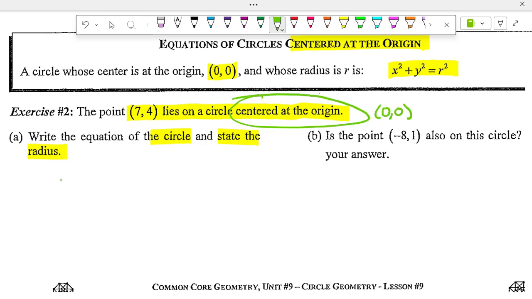So if I plug it into my equation of a circle, I get x minus 0 squared plus y minus 0 squared is equal to r squared, because we don't know what the radius is yet. Remember, if you have minus zeros, that means just x squared plus y squared is equal to r squared. Now, they flat out told us that 7, 4 lies on the circle. So how can I use that to solve for r squared?